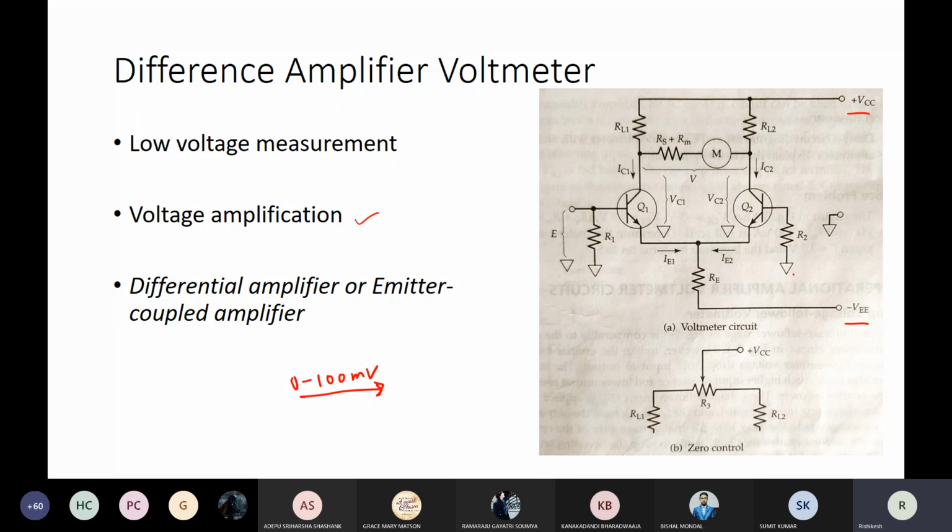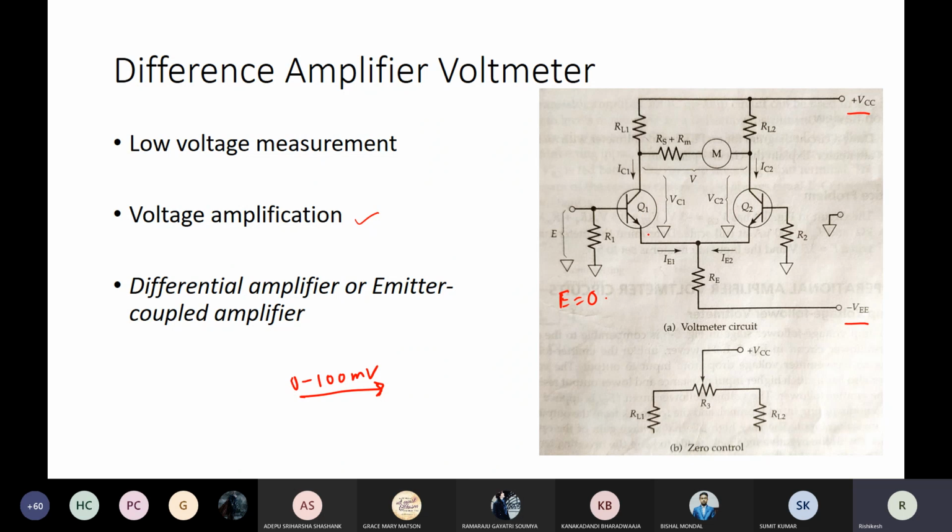Q2 is maintained at common terminal potential. Now, if E is 0 in this case, then these two transistors are in the same condition.